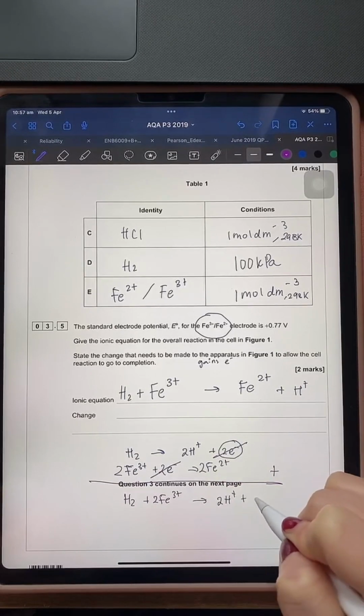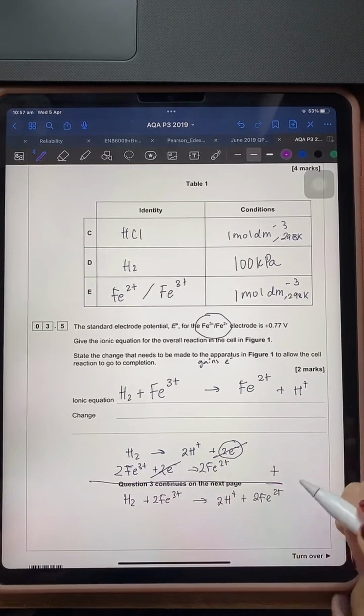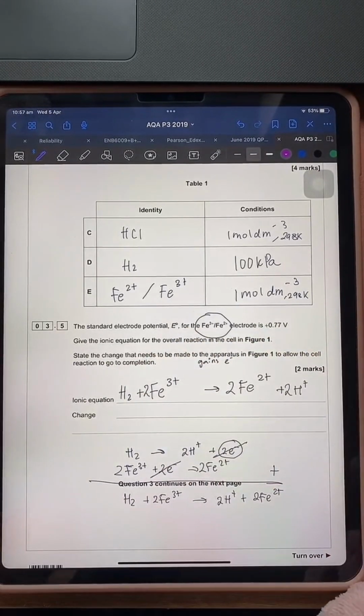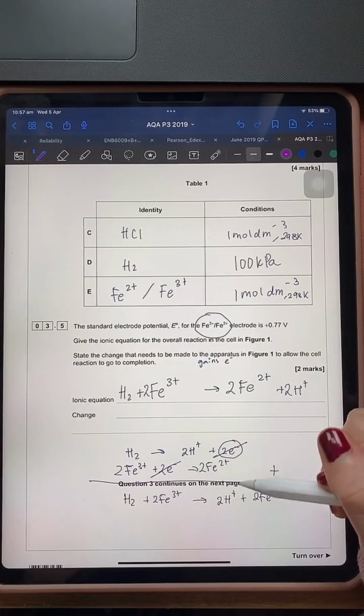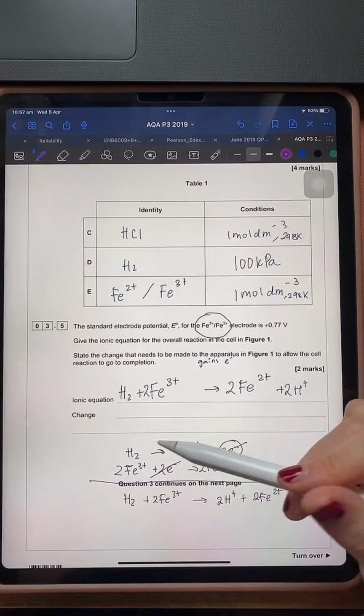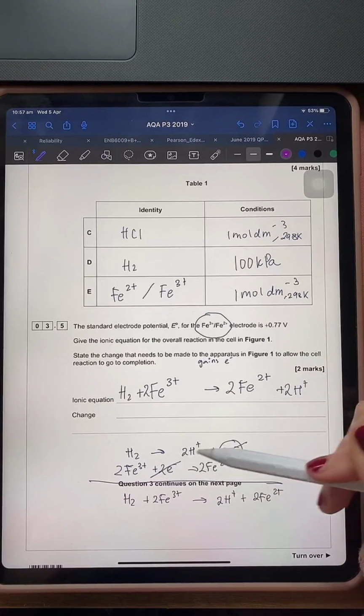And that's your balance here. 2, 2, 2. That's how you do it. Yep, these are half equations, that's right. We can build this up purely by knowing which one's going to give electrons and which one's taking. We said before that iron is taking and the hydrogen is giving, so that's what we have here.